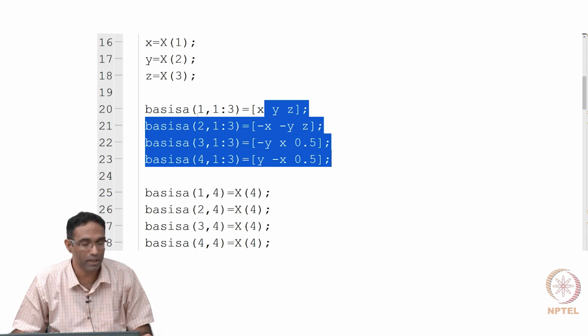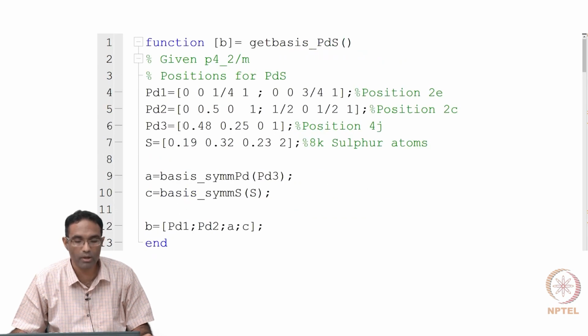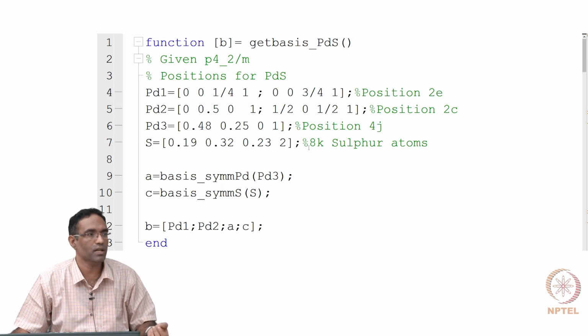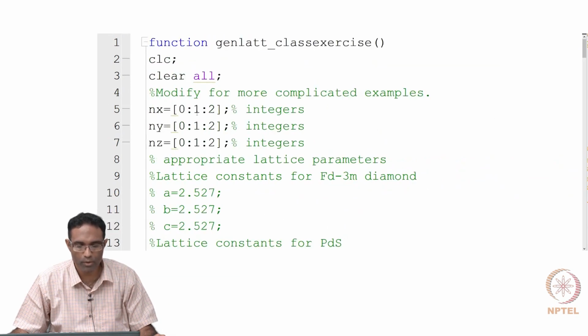Now if you see, the total number of atoms inside the unit cell is going to be 2 plus 2, 4, 4 plus 4, 8, 8 plus 8, 16. There are 16 atoms present inside one unit cell of PdS. Okay. So we go back here to the main program. We don't have to change much here.